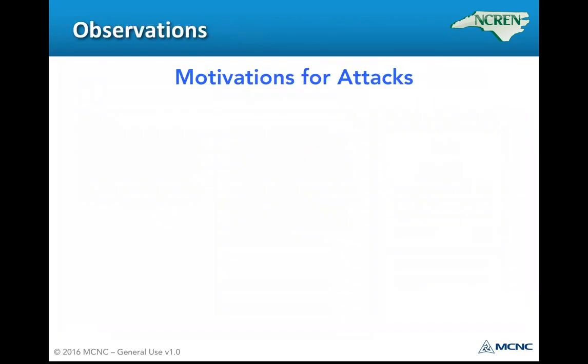So now we want to talk a little bit about some of our observations, what we see on NCREN with attacks, and this is around motivations for attacks. Most of the attacks we'll see in a minute are in the K-12 school space or the university space. And for K-12 schools, the majority of the ones we see are actually perpetrated by students at schools.